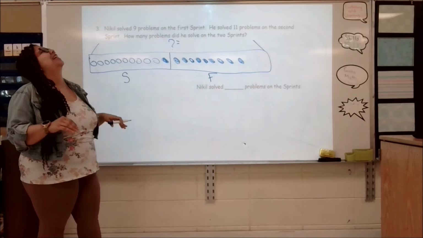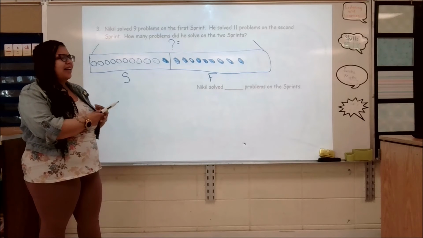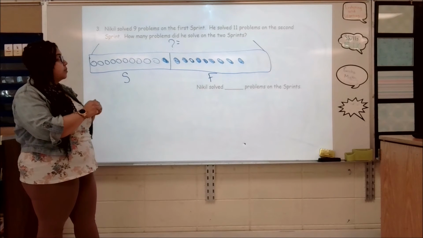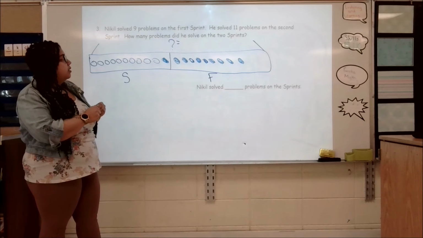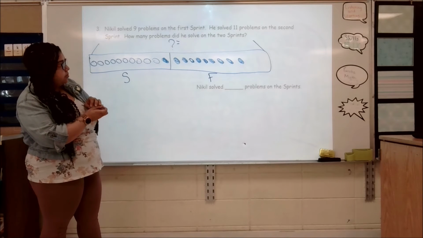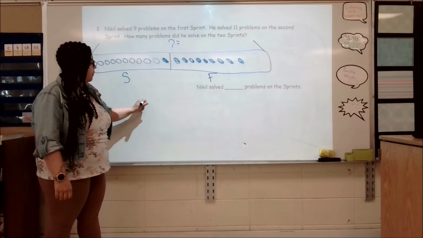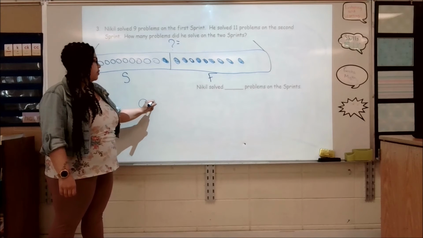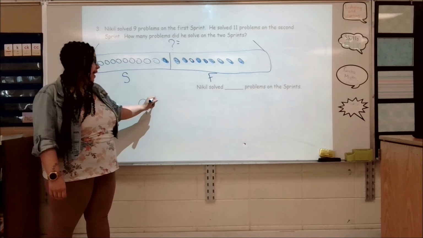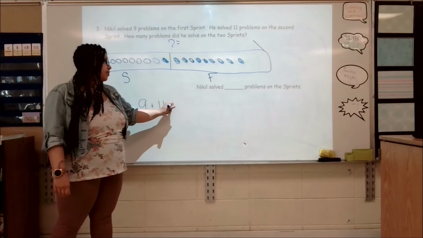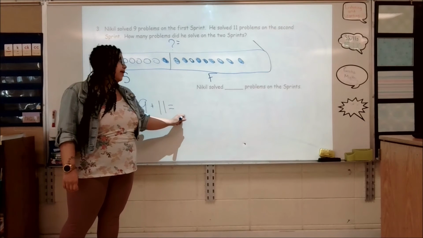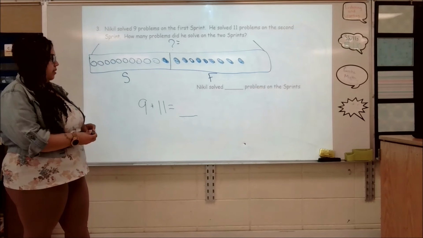What happened is when I color them in, for some reason I always draw them smaller. Now, the number sentence that matches this problem is that he solved 9 problems on the first sprint, and 11 on the second sprint is equal to how many problems solved?